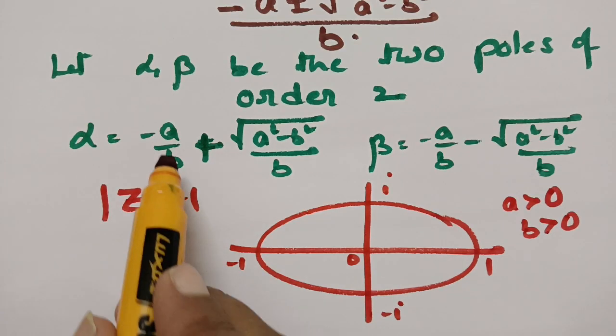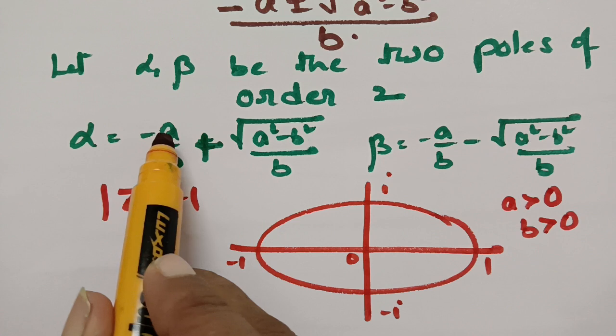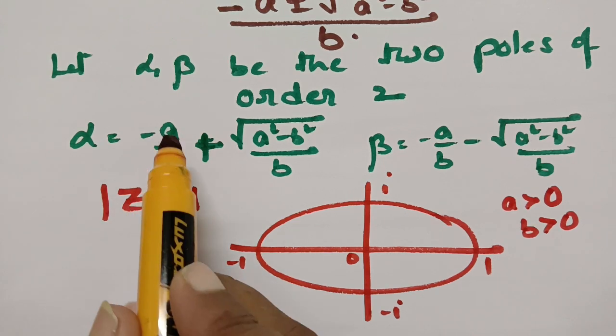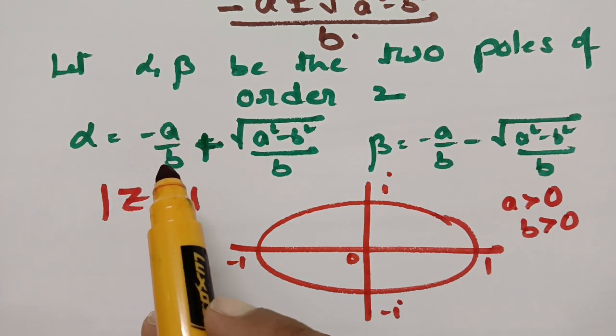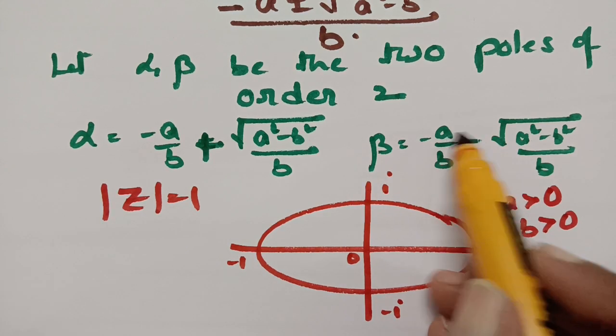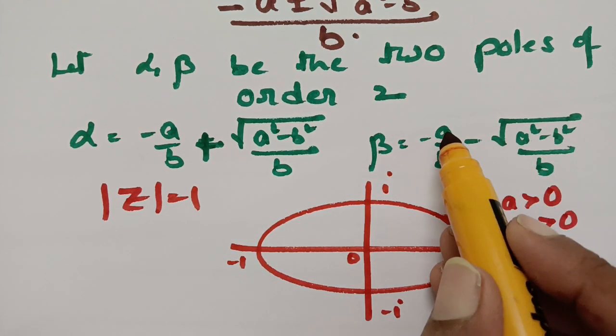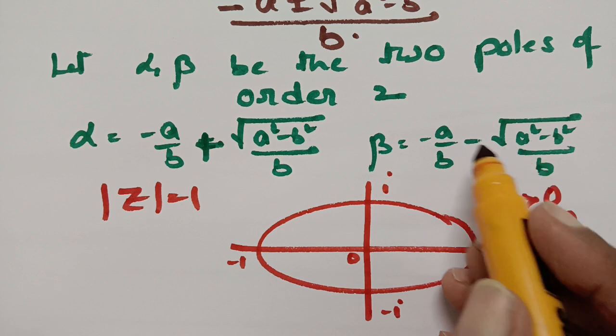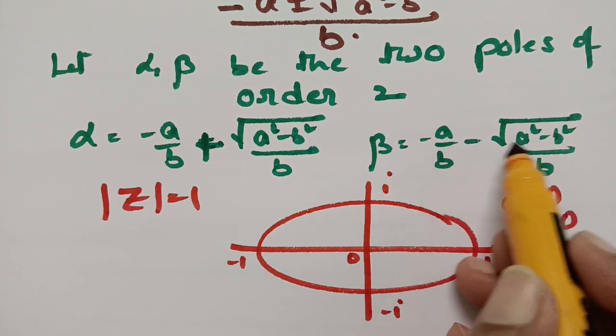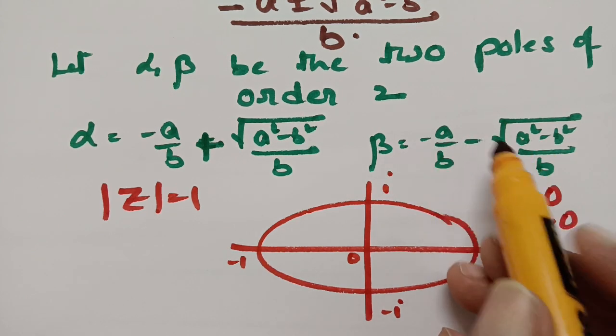So if it is greater than 0, consider a as 1 and b as 1. If you consider this value, minus 1, a as 1 and b as 1, this will be minus 1 and this is minus 1, and this will be minus 2.